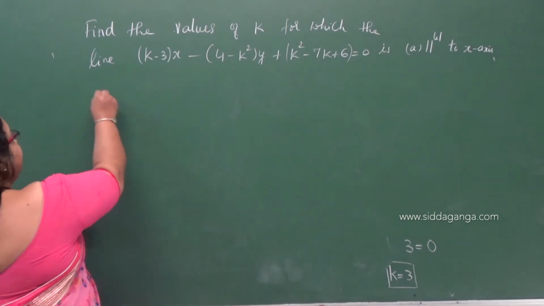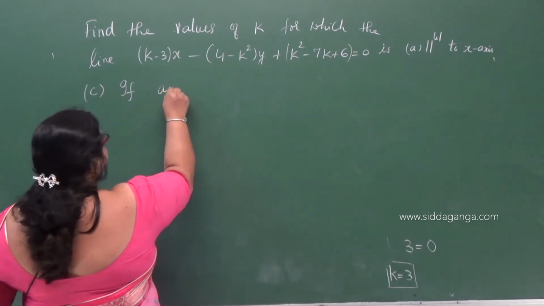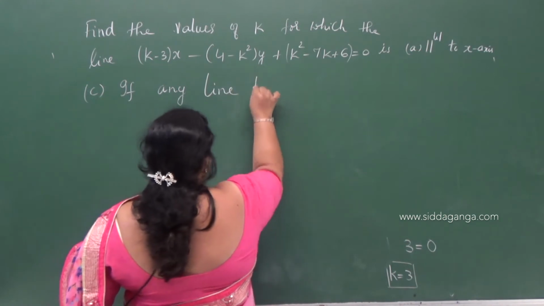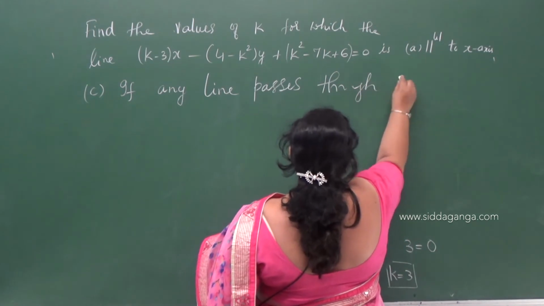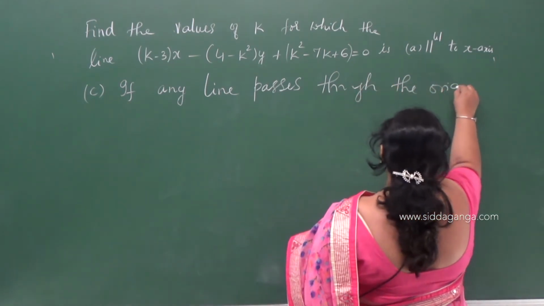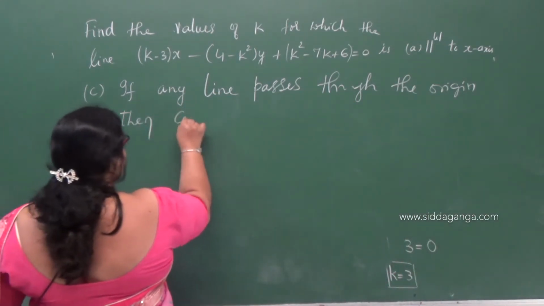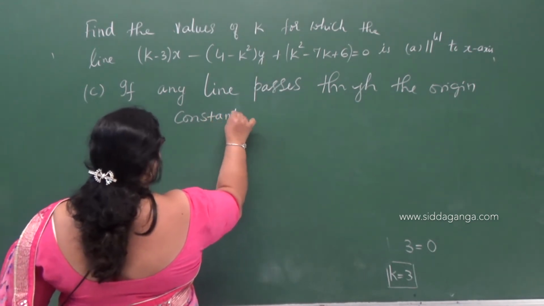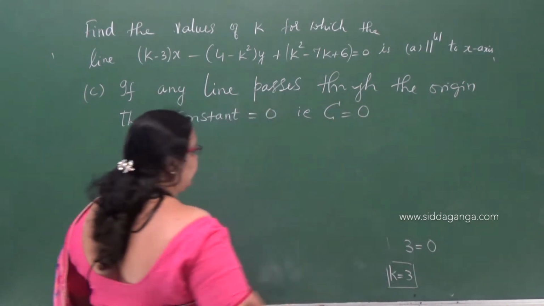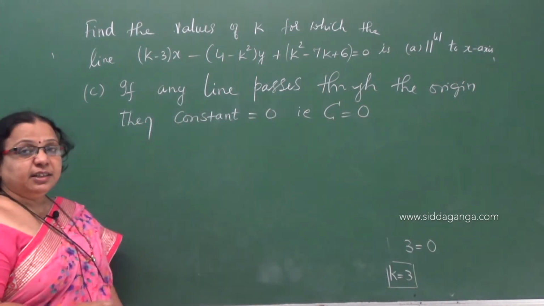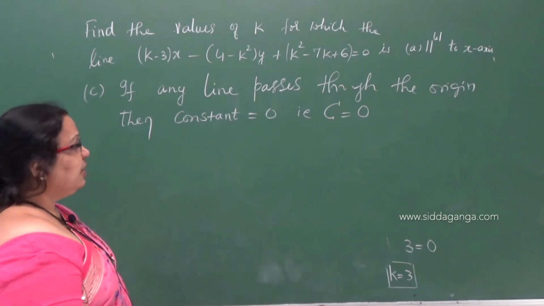So for subdivision 3 question here, if any line passes through the origin, then the constant must be equal to 0, which means that the constant term in the general equation, denoted by C, should be equal to 0.